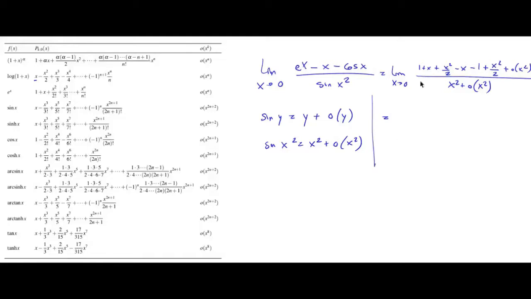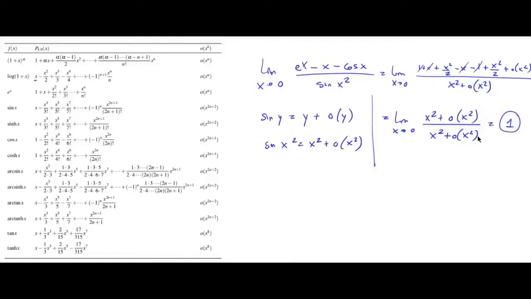And this is equal to 1 and 1 cancel out, x and minus x cancel out, and we have again x squared plus small o of x squared divided by x squared plus small o of x squared, right? And so you can either divide everything by x squared, or you can really see that this limit is going to be 1, right? You can separate the two things. This is going to be 1, right?